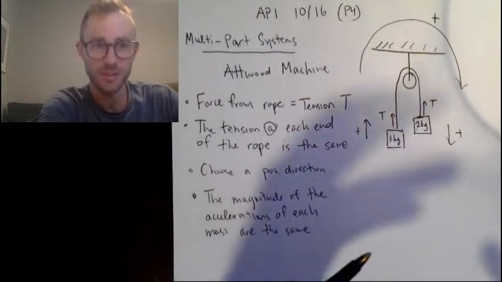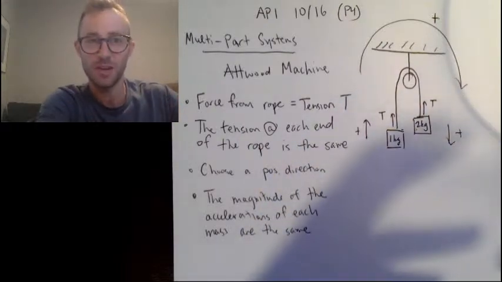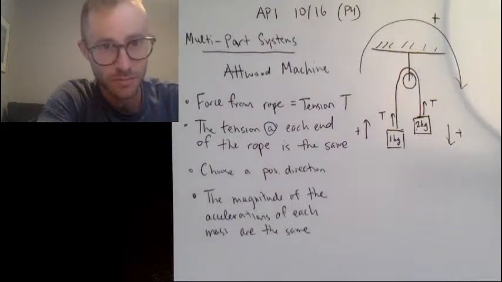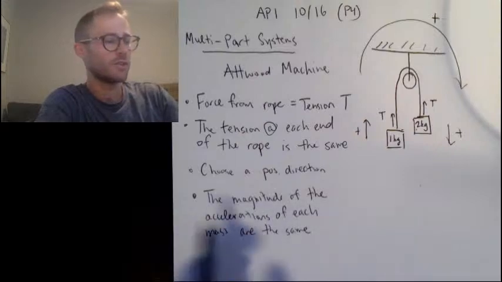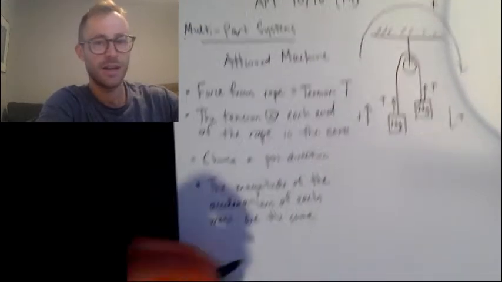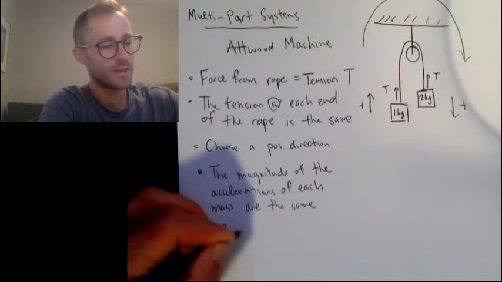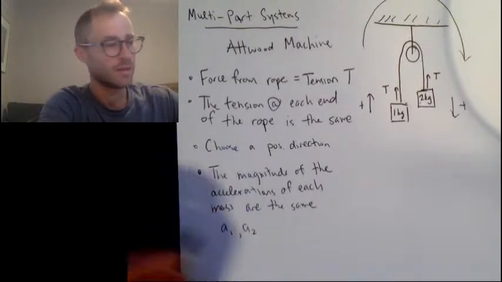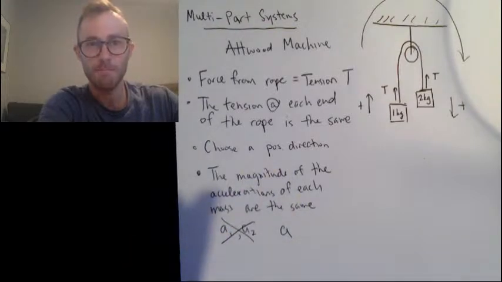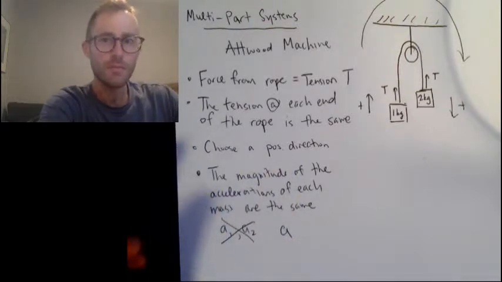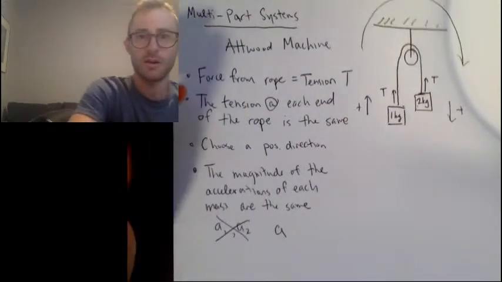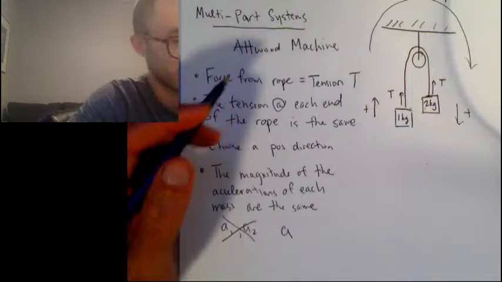And if they have the same position time graphs, they have the same velocity time graphs. And if they have the same velocity time graphs, they have the same acceleration. Okay? So the accelerations of each mass are going to be the same. So I'm not going to have, for example, a1 and a2. We're just going to have a single acceleration, okay? So let's go ahead and do Newton's second law for each mass, okay?